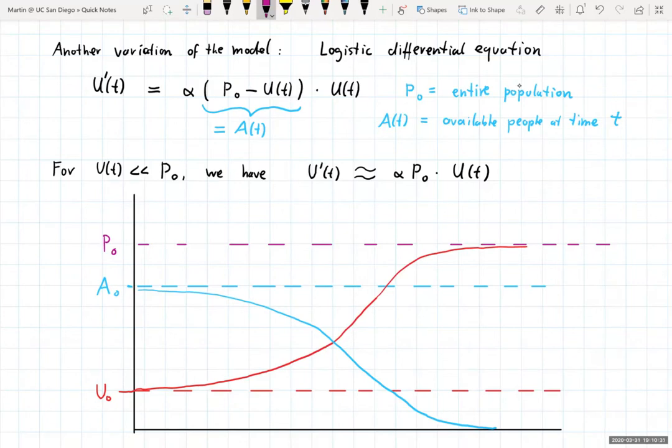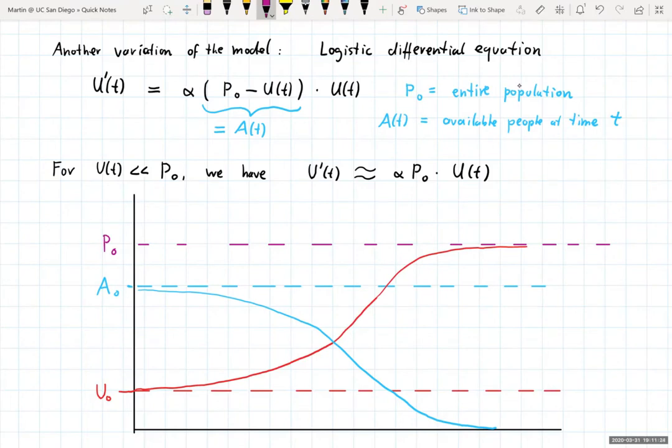So in some sense, when u of t is very large in comparison to the entire population, then the only people who do not yet have installed the app are people who are very difficult to reach within the social network. So as u of t grows, at some point this factor p naught minus u of t is going to be very small, and it's actually going to slow down the growth.